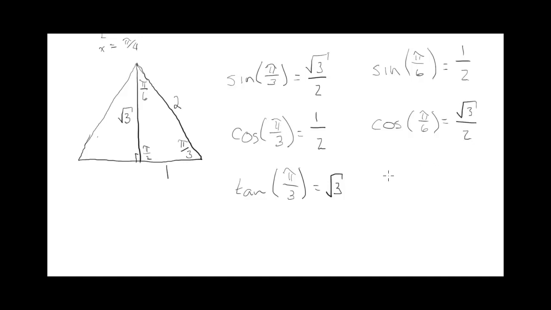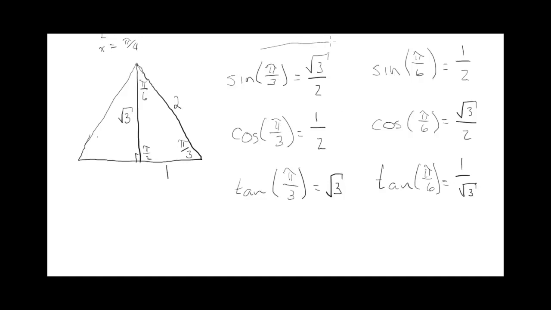So root 3 over 2, and the tangent ratio of pi by 6 would be the opposite side over the adjacent side, so you get 1 over root 3.